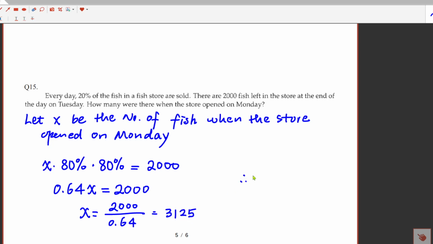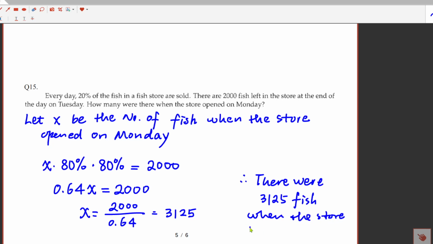And therefore we can make the conclusion there were 3125 fish when the store opened on Monday.